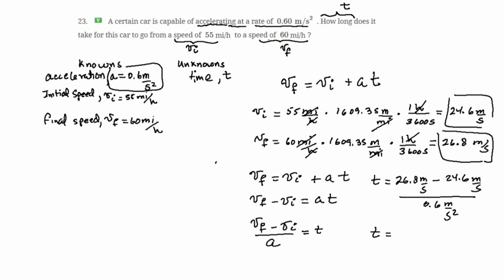Subtract here, divide by 0.6, it will give you 3.72 seconds, or 3.7 seconds, basically. So this is what it takes for the car to go from 55 miles per hour to 60 miles per hour if the acceleration rate is 0.60 meters per second squared.